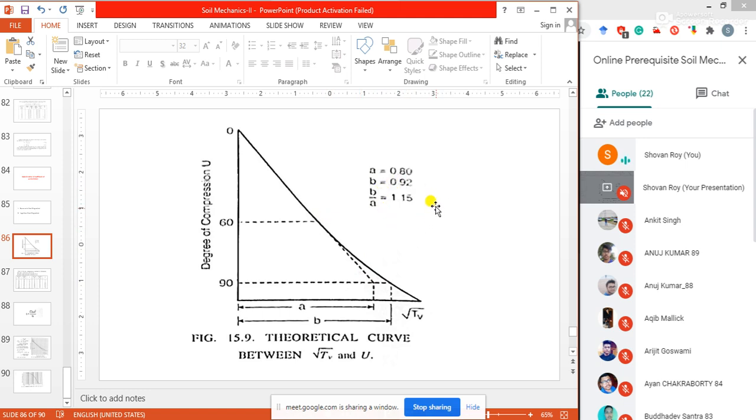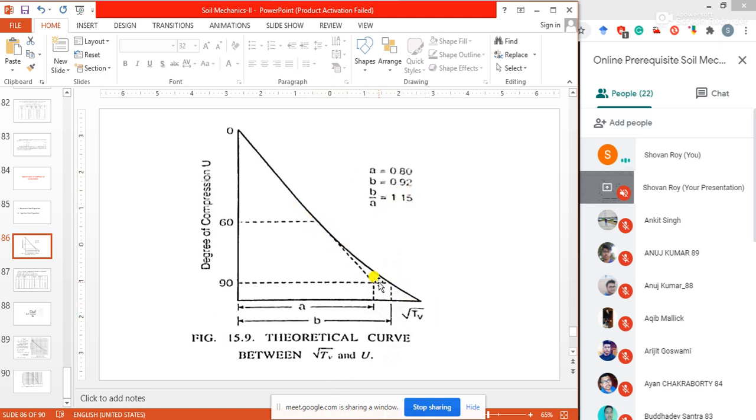B by a equals 1.15. At 60 to 90 the a value is 0.80 along the straight line, but the actual deviated value, the b value, is the actual curve value. This is the tangent.